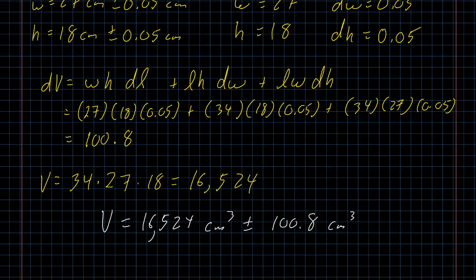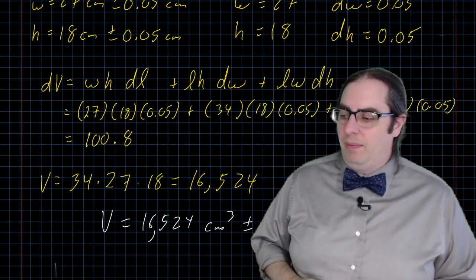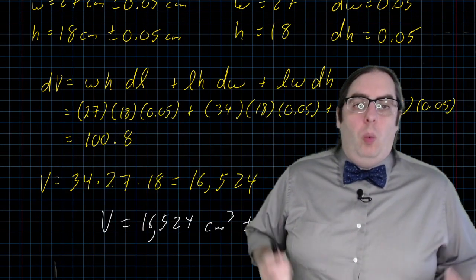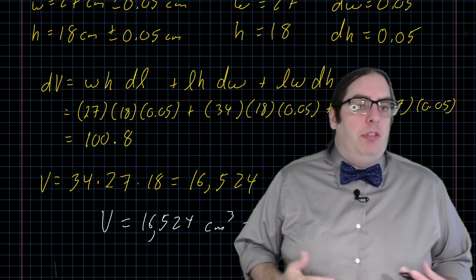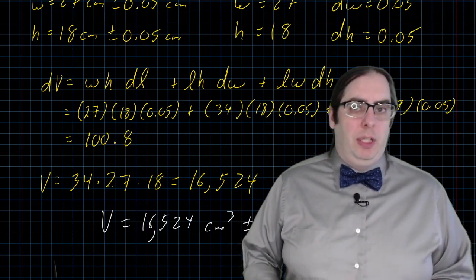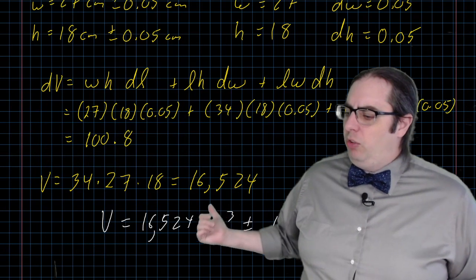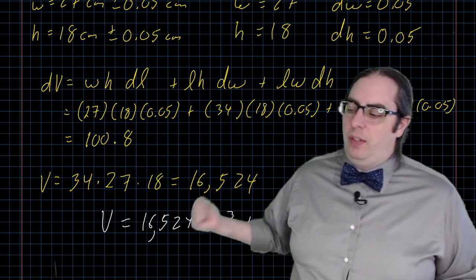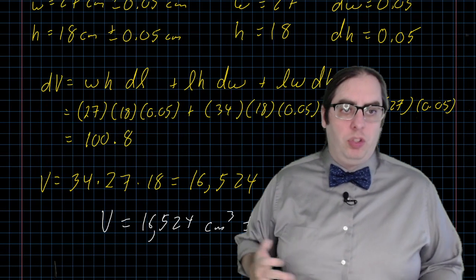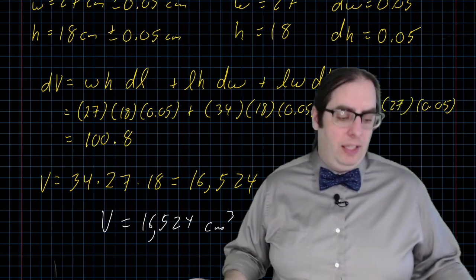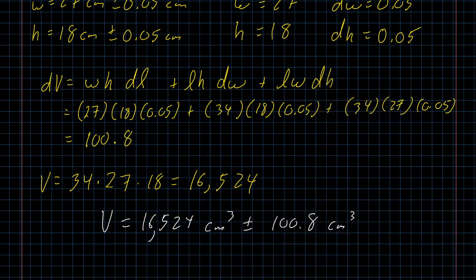For the sake of, well, I think of it as the sake of sanity, our measurement could be off by as much as 100 cubic centimeters. And so does it really make a difference if I write this as 16,524 or 16,525 or anything else? So very often in a situation like this, you will see things rounded to wherever the first digit is in your error term.